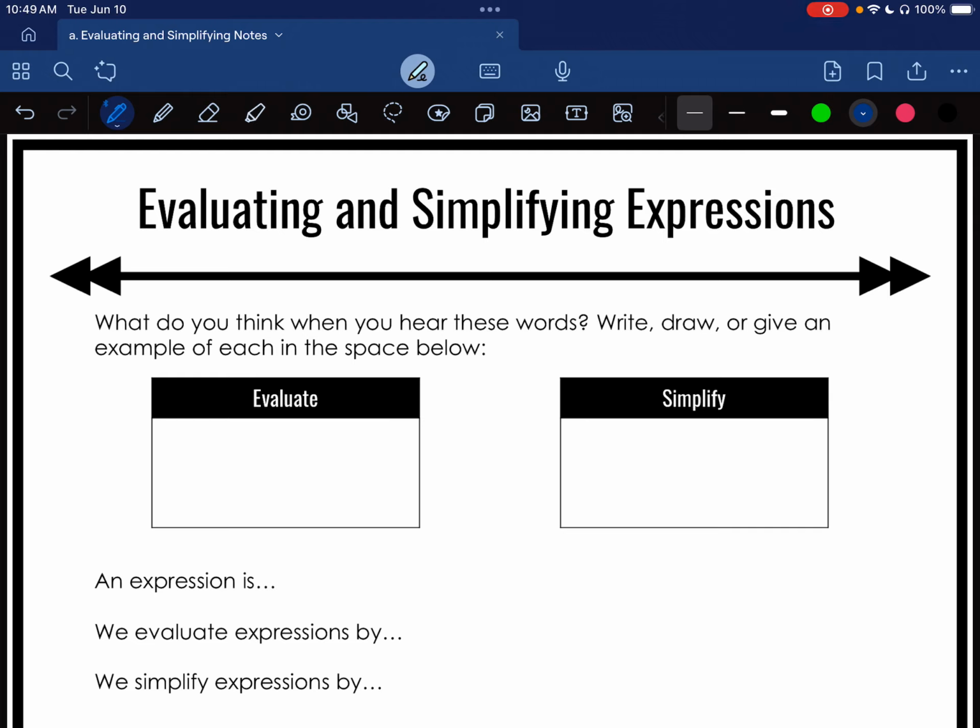All right, so for evaluating, you might have said something like find the value of something.